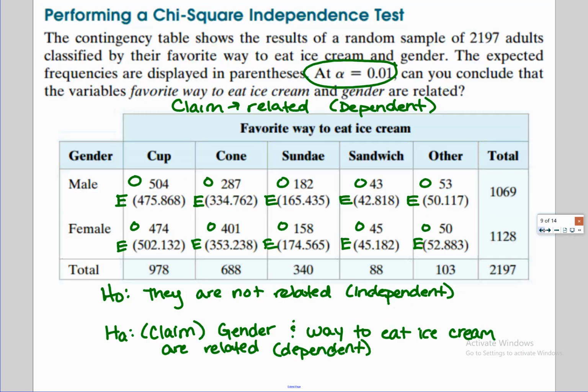We always reject or do not reject the null when we're making a decision. So when we reject this, we're saying, okay, that's not true. So therefore, this is likely true. But the decision to reject or not reject is always on the null, no matter where your claim is. All right.